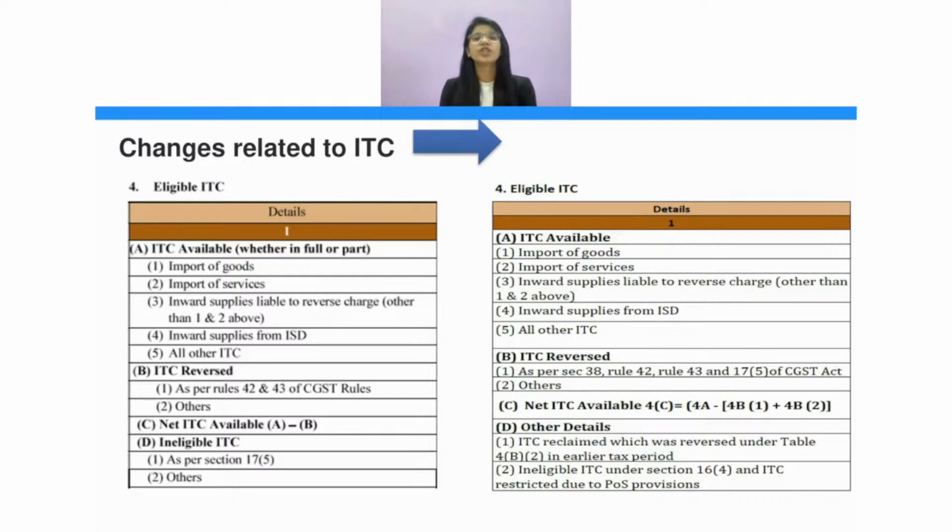Now, my question is, if this transaction was not appearing in your GSTR-2B, do you have to first add under 4A5 and do a reversal under 4B1 or not? You have purchased, you have even received the goods and services, everything was proper, but this supplier was not compliant. The supplier has not filed his GSTR-1. You were not able to see this invoice in your GSTR-2B.